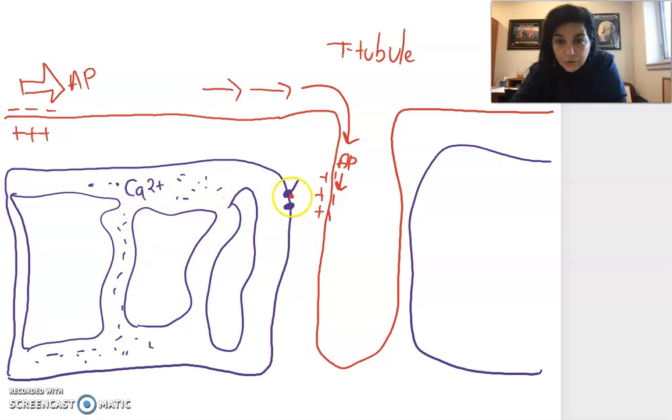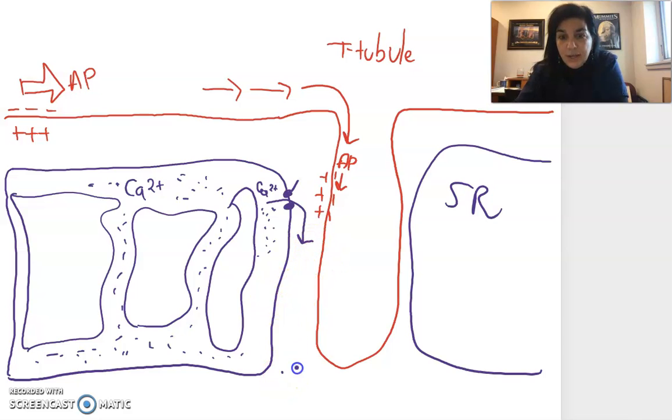And this is going to trigger the opening of these channels. And when these channels open up, we have the exit of calcium ions. Calcium ions that are normally really highly concentrated inside of the sarcoplasmic reticulum now are going to exit the sarcoplasmic reticulum and end up outside of the sarcoplasmic reticulum. But we're still inside the cell, of course. This is all inside the cell.